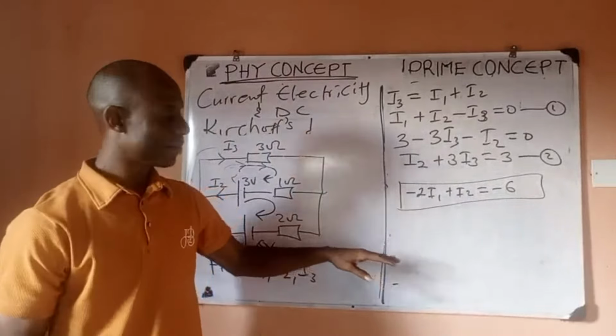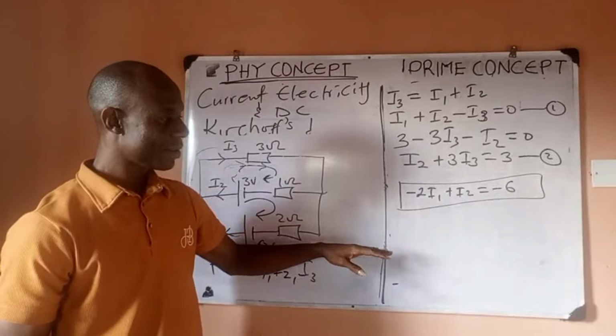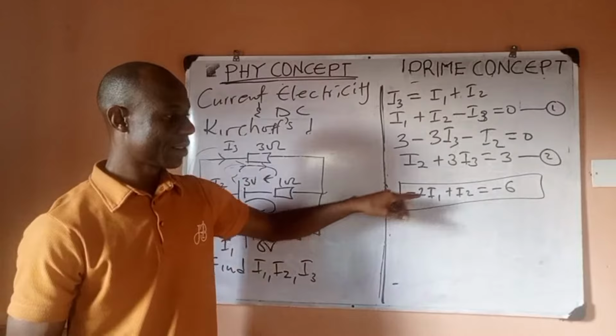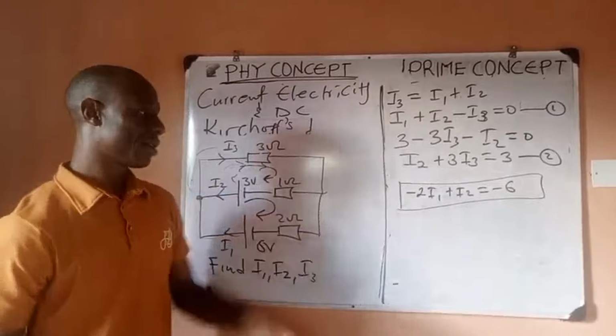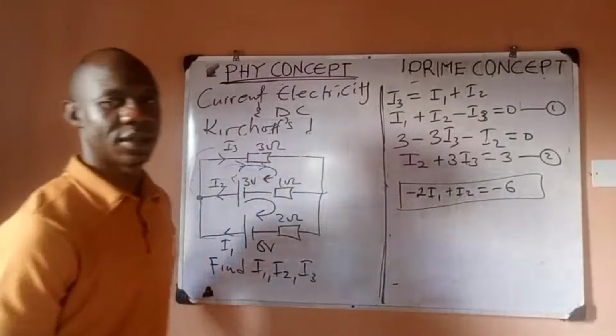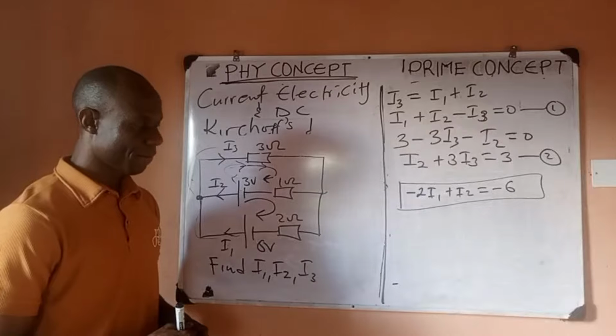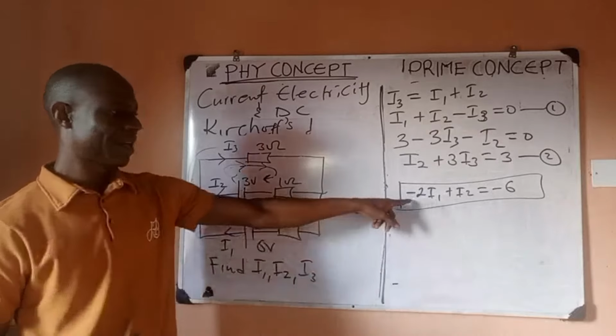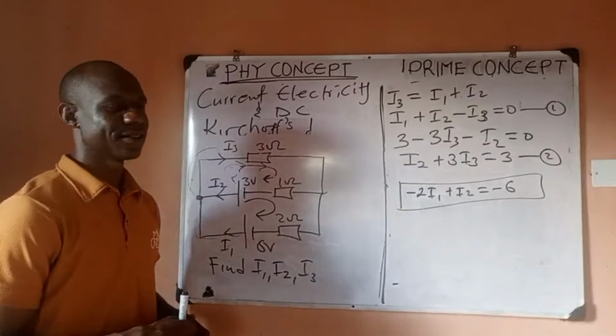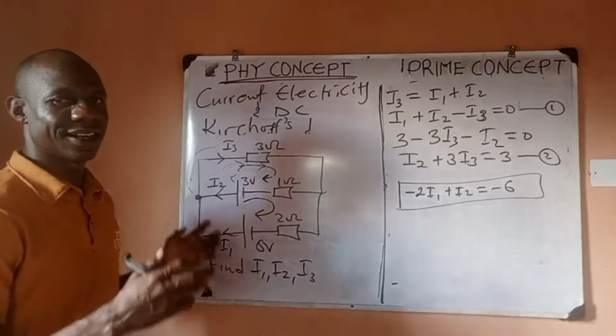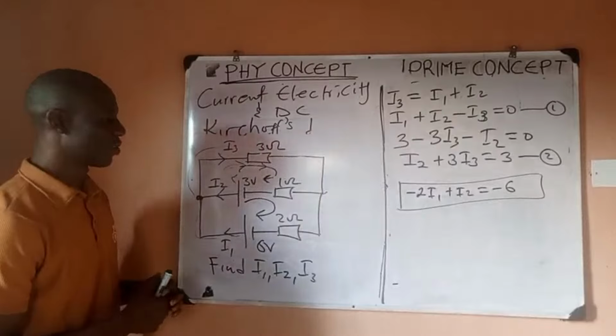Chukwemeka said I2 minus 2I1 equals minus 3. Okay, it's now different. Then Okuma said 2I1 minus I2 equals 6. Okay, same as this actually, but the other one has a minus. Okay, thank you.